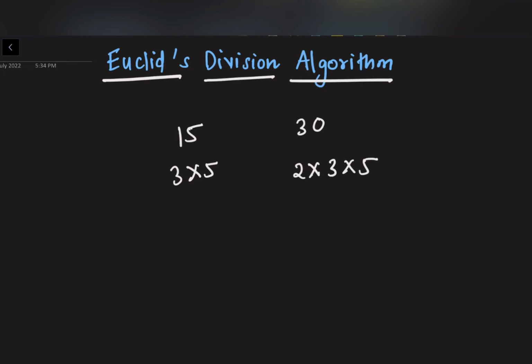That means which is the common number and also the highest one. Which is the common? Common is this, right? And it's also the highest, right? So that means HCF is 3 into 5, which is 15, right? Okay, so this is your concept of HCF.